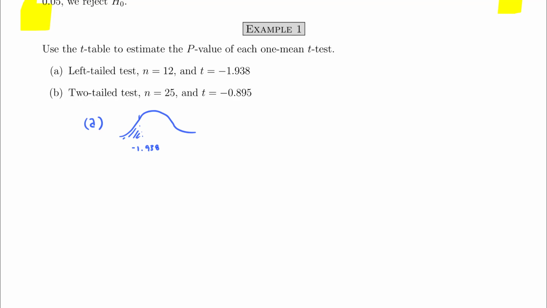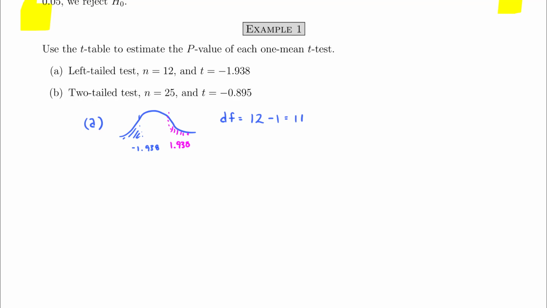And we also have that our degrees of freedom is equal to the sample size, which is 12, minus 1, which is going to give us 11. So because the t-curve is symmetric about 0, we know also that if we alternatively look at positive 1.938, the area to the right of 1.938 is equivalent to the area to the left of negative 1.938. And that's important because the t-table has only positive values.